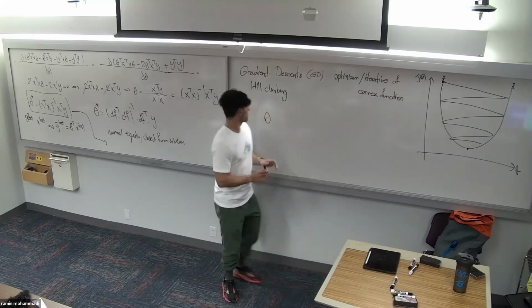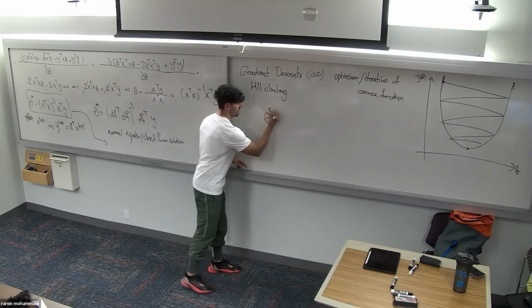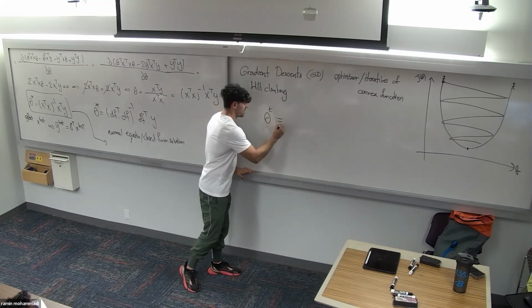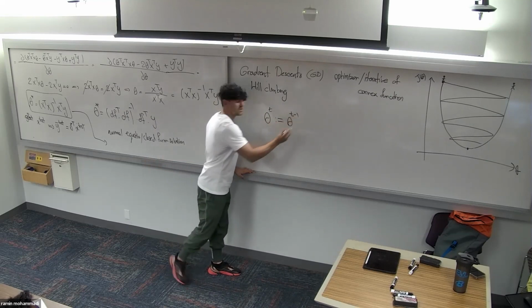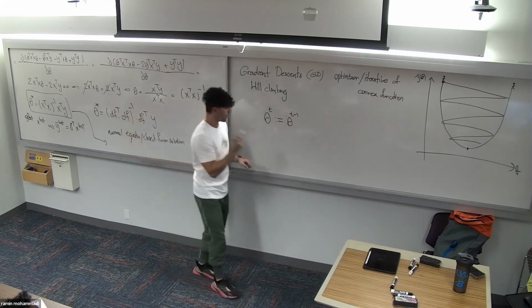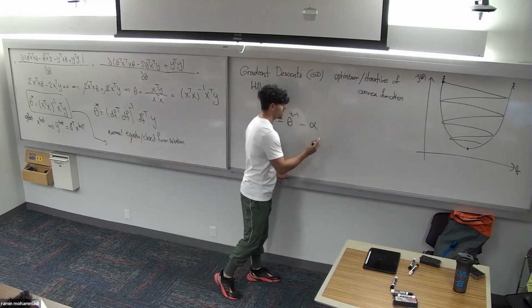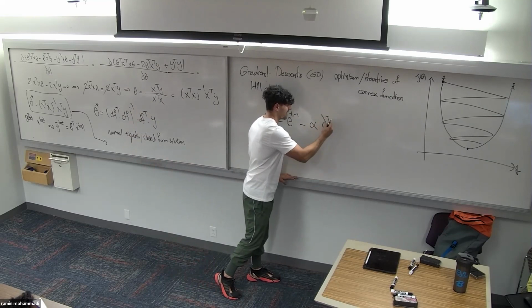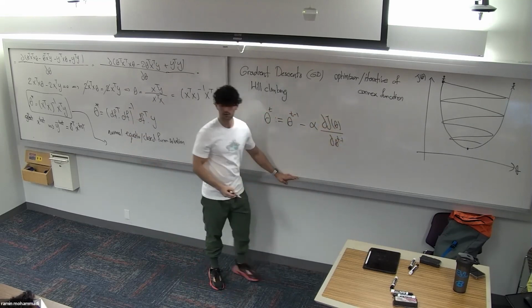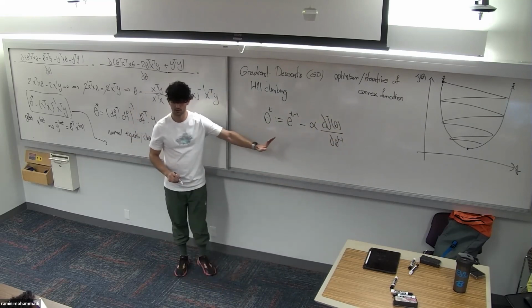So we will say that theta at time t is equal to theta at the previous time, where I was before, minus the learning rate times the gradient of J with respect to theta at time t minus 1. And I'm going to explain that.